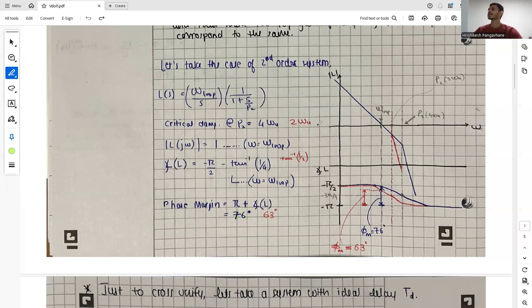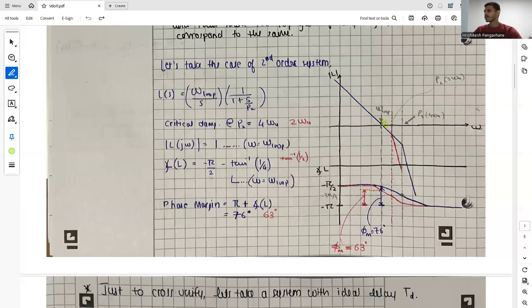So let's see the Bode plot, and what the Bode plot tells us about the system. Initially the magnitude decreases, and when it hits the 0 dB point, or let's say the magnitude is 1, we have our omega loop frequency, the unity gain bandwidth.